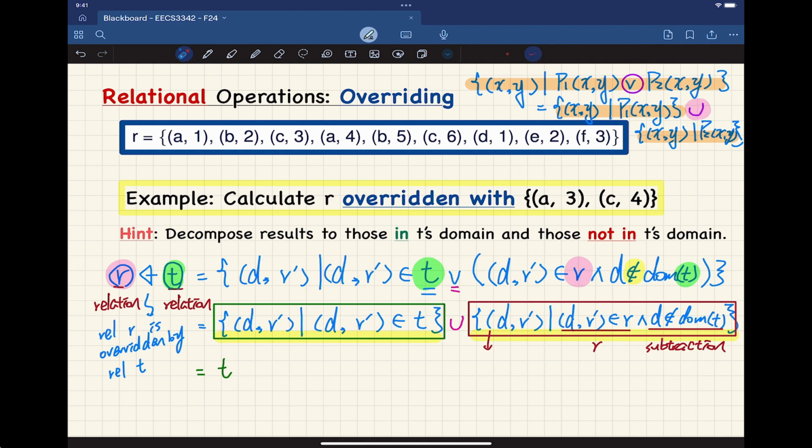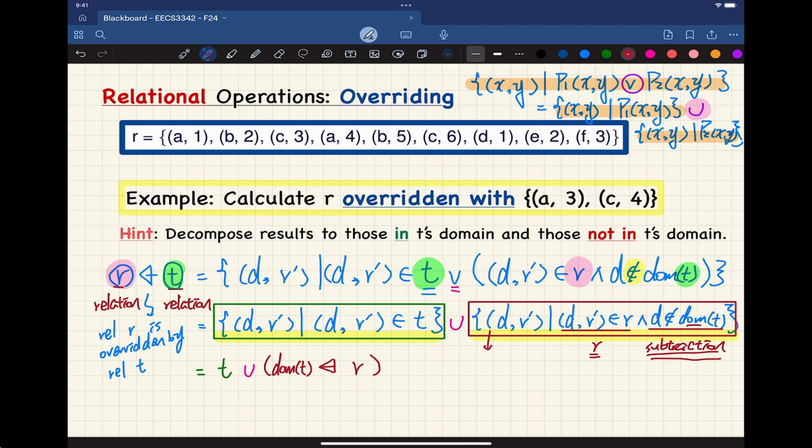We're excluding those whose first element is in the domain of T, because they should not be there. All right, so finally, this is what we will have. Union, and then we get some domain subtraction. So that will be R, subtracting everything that's in the domain of T. Domain restriction will go like this, but now it's subtraction, so we should go like that. This is the answer to one of the problems which I put on the slide. But let's solve it together.